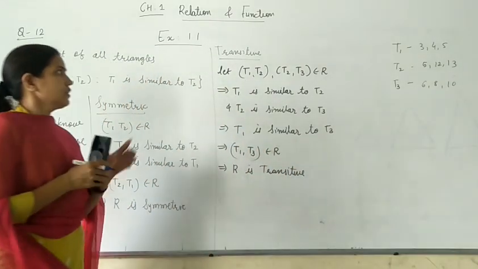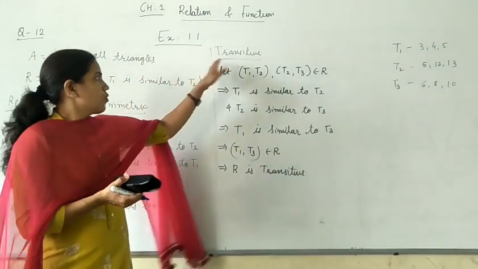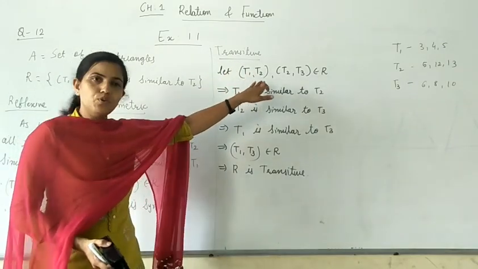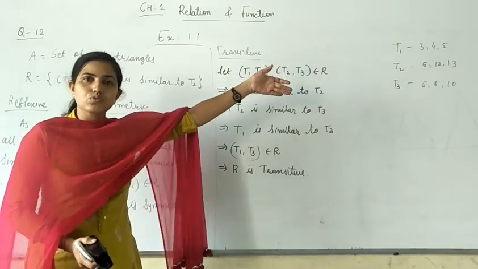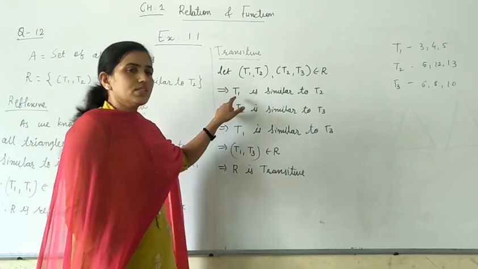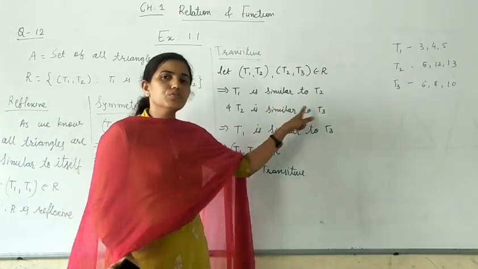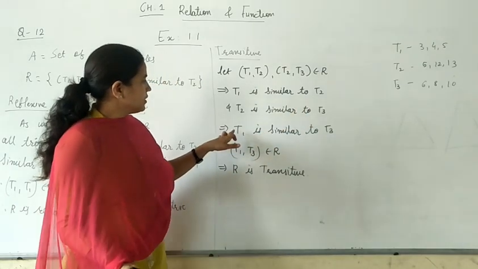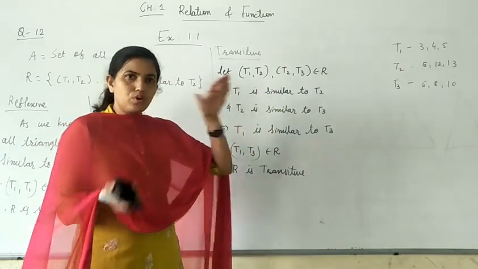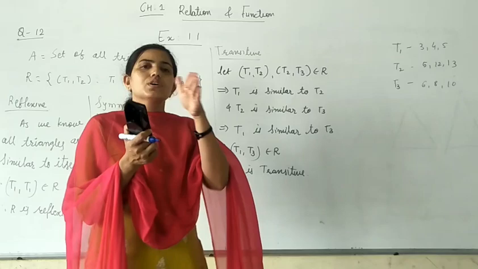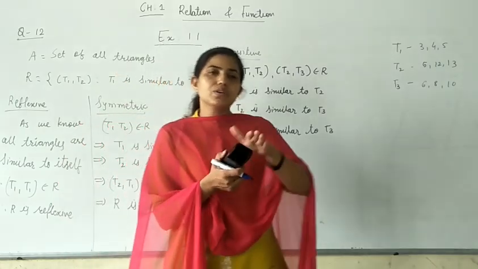So here we have seen the third part. I hope you understood what is transitive. Let (T1, T2) belong to R and (T2, T3) belong to R. So this will give us that T1 is similar to T2 and T2 is similar to T3. Then T1 is similar to T3, because one triangle is similar to the other, which is similar to the third.